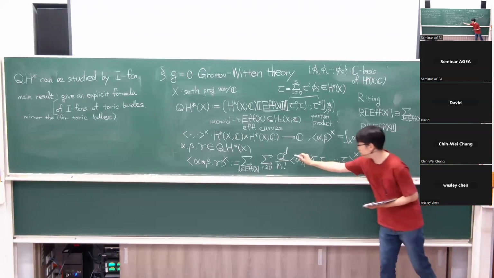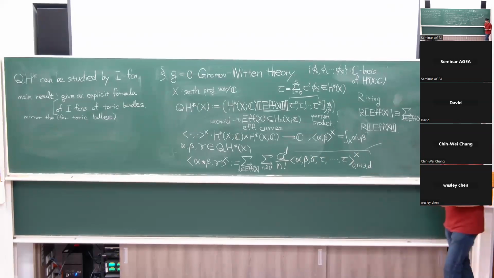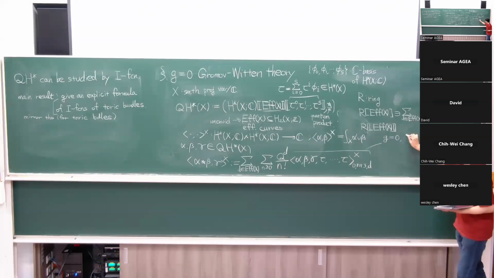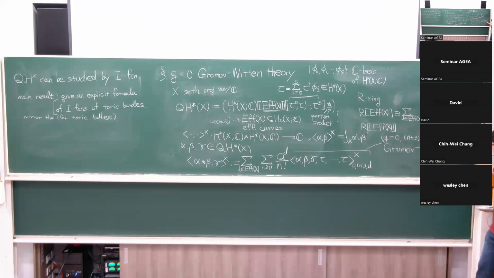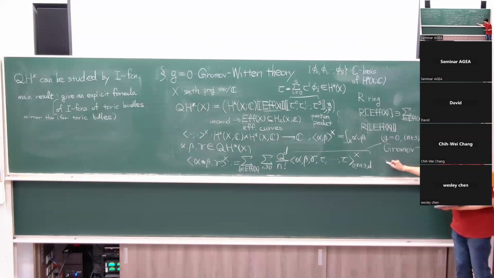Like this. This is the Gromov-Witten invariant of degree D. Roughly speaking, this is counting of rational curves.